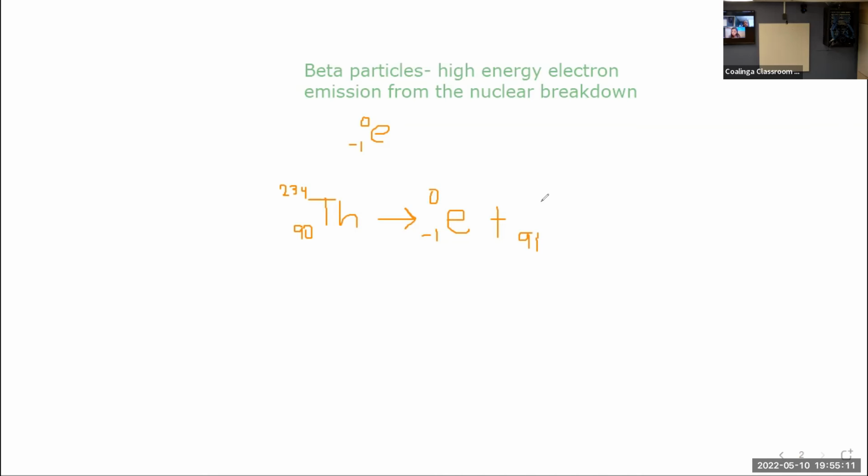What's the symbol? PA. Protactinium. So PA 234, because the mass is not going to be affected by that electron.